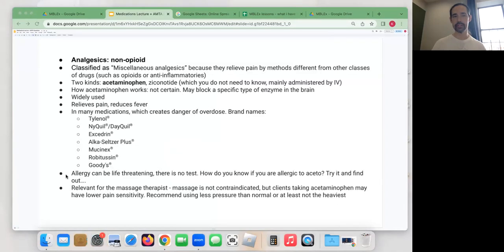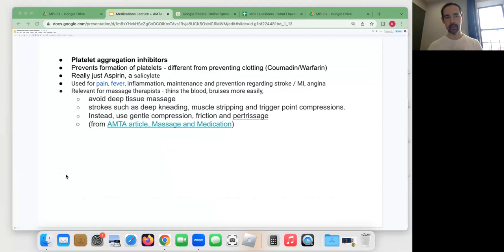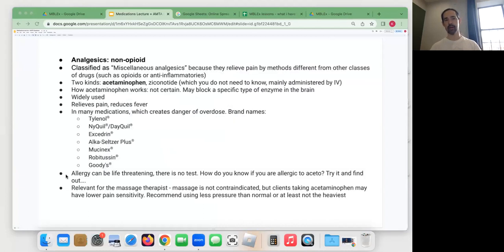So we're going to start with analgesics, because in my opinion, analgesics make up a large percentage of the questions in the patho module. And analgesics, I think, are probably the most widespread over-the-counter medication. They can be prescribed like opioids, or they can be over-the-counter.